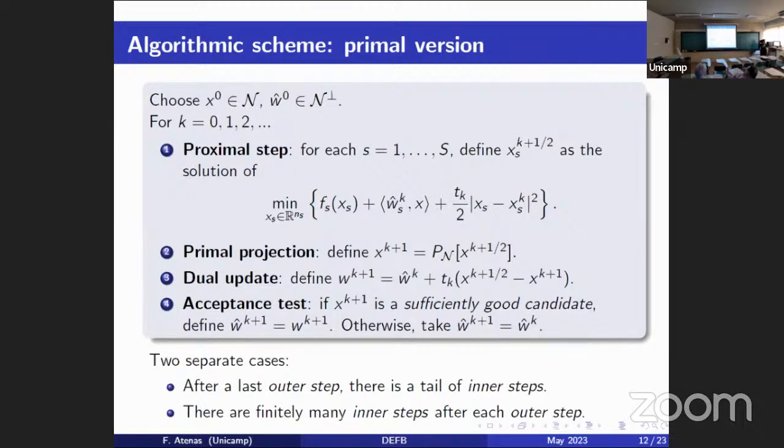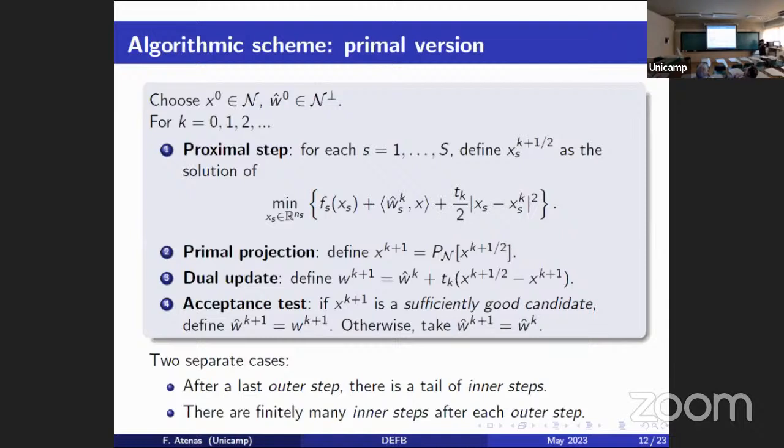And so for the convergence analysis, we have two separate cases. One is, for example, if there's one last iteration where the acceptance test passes, and after that we only make a tail of intercepts, meaning that after that last step we never again pass the test. And the other option is that we pass the test only finitely many times.